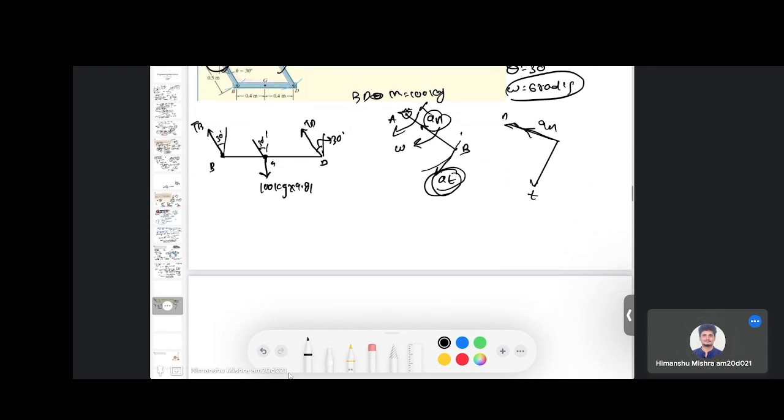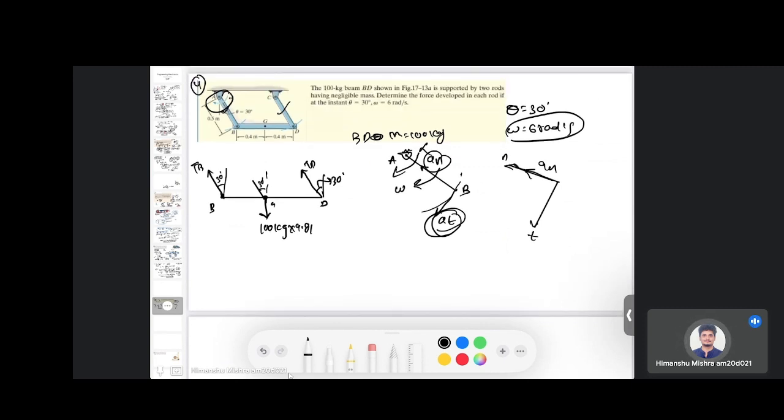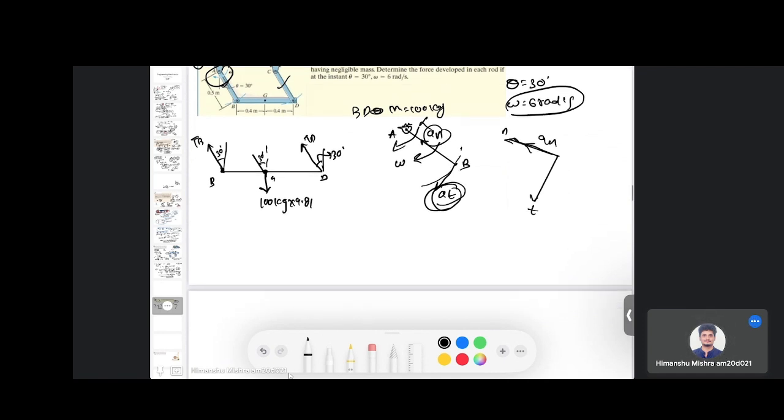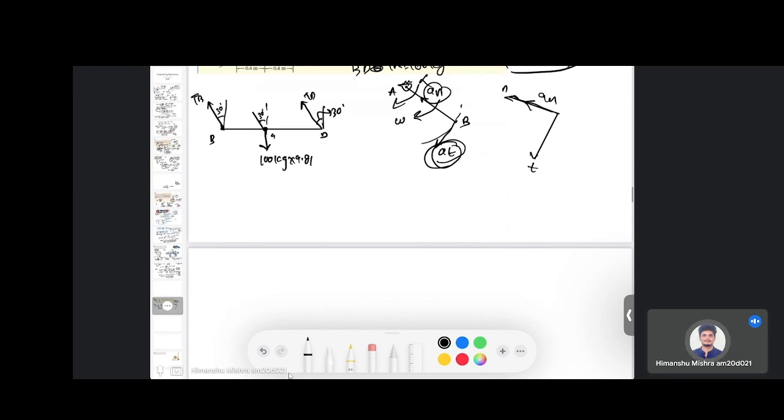So we will do the similar thing. We will do the force balance analysis and the moment balance analysis to determine the unknown quantities. So first, let's do the force balance analysis in the normal direction. The summation of force in the normal direction is equal to mass times acceleration in the normal direction, right?